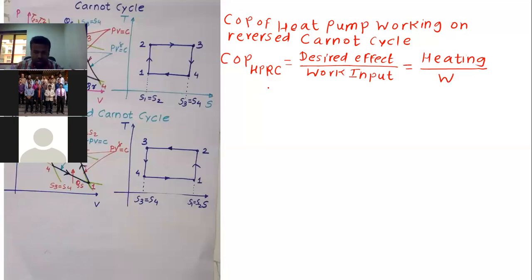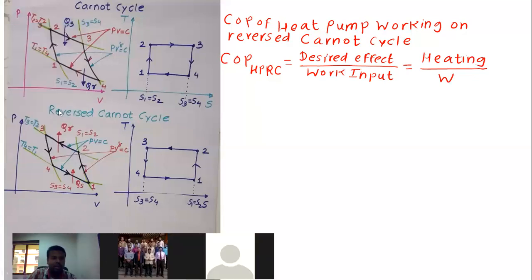Now see, what is heating? We want heating, so I'm interested to write down the value of heating. Now when you see the diagram again, in a reverse Carnot cycle, QS is giving me the cooling.